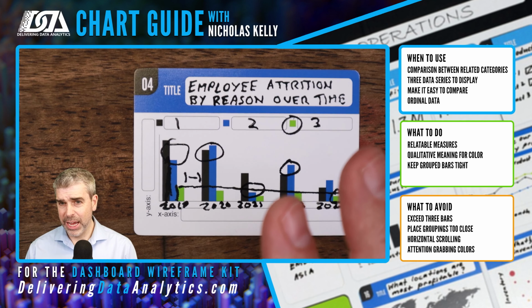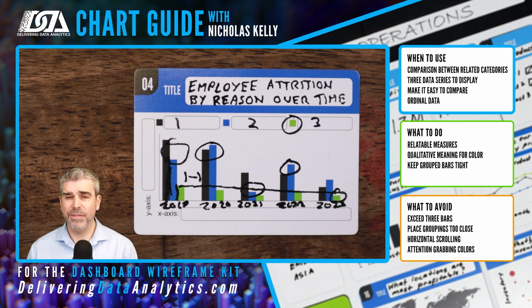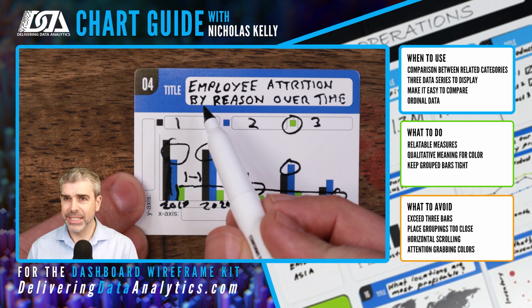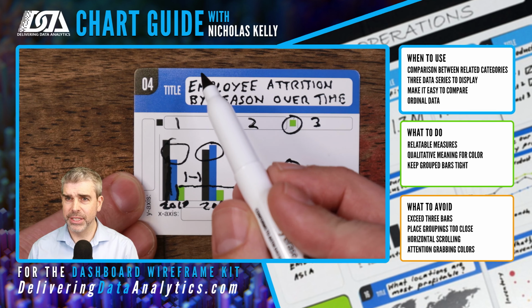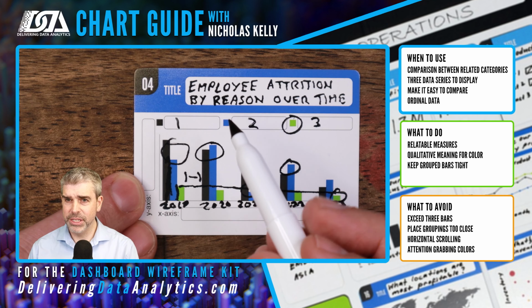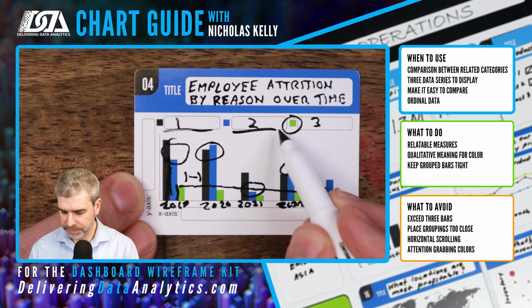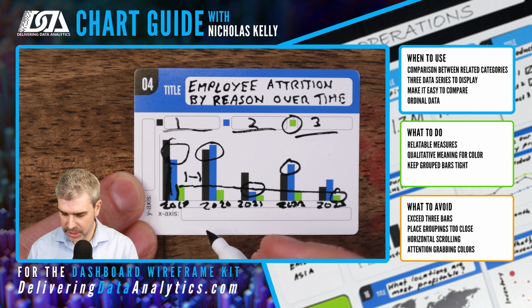Like any type of dashboard and chart, we have to know what question we're answering, what action we're driving towards, right? So that's how we came up with this chart title. If we just look at this, employee attrition by reason. So the reasons are these. Over time is our axes.